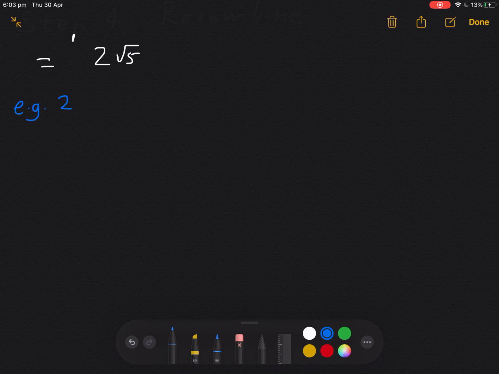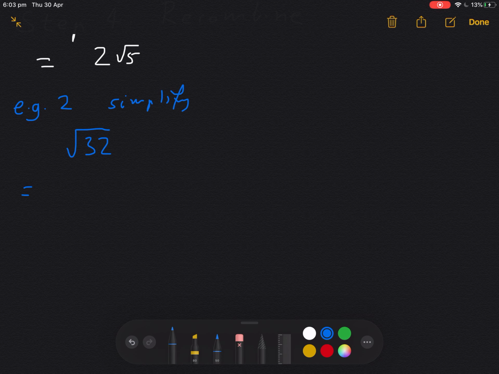Example 2. Let's simplify something like root 32. Okay. Have a think about what square factors 32 has. 4, maybe, definitely, that is to say.